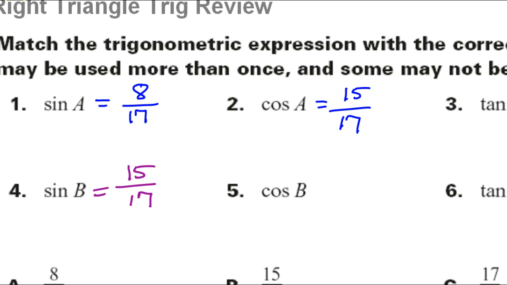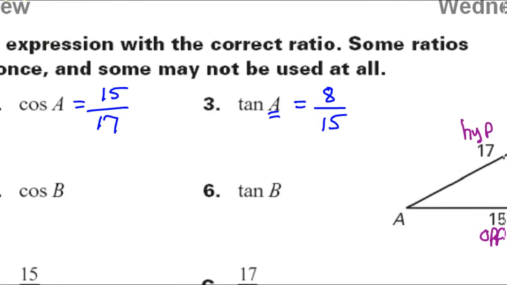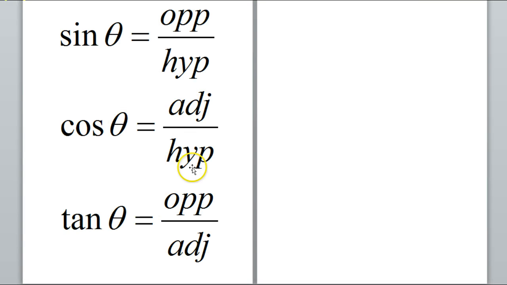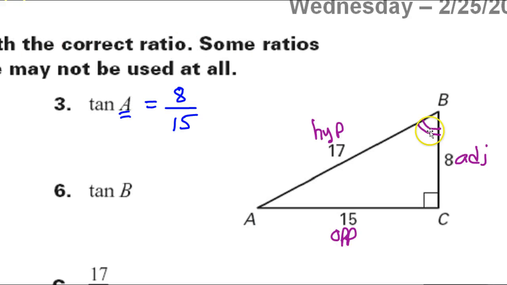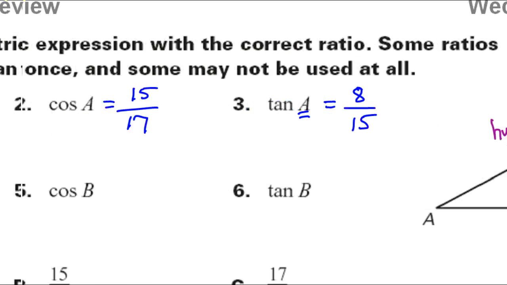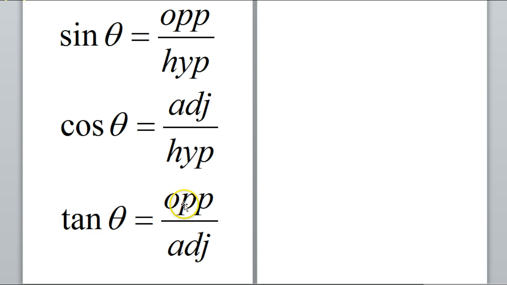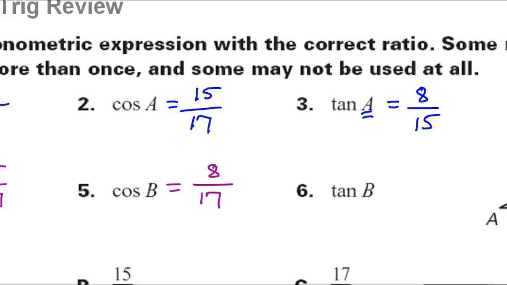The cosine of B, the cosine is defined as the adjacent leg over the hypotenuse. So from angle B, adjacent over hypotenuse is 8 over 17. And tangent of B. Well, tangent is defined as the opposite leg over the adjacent leg.